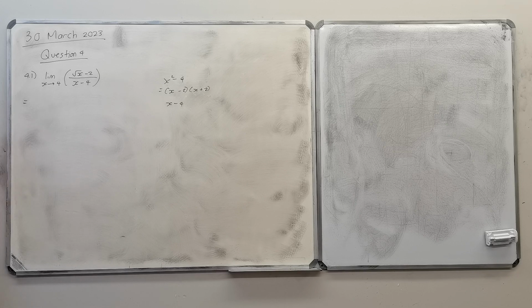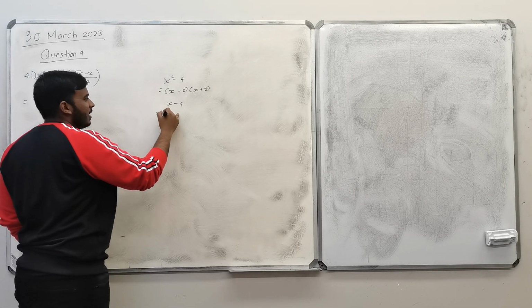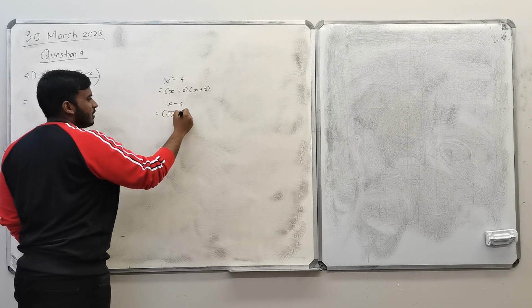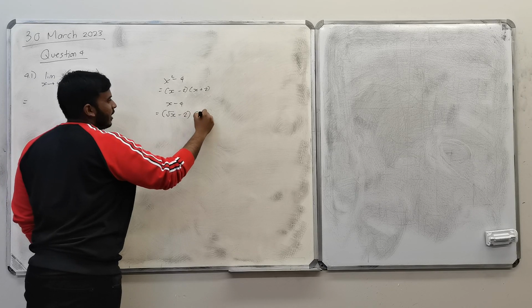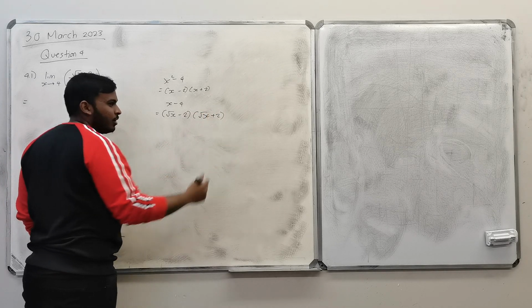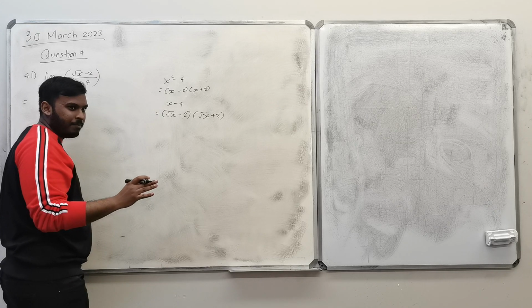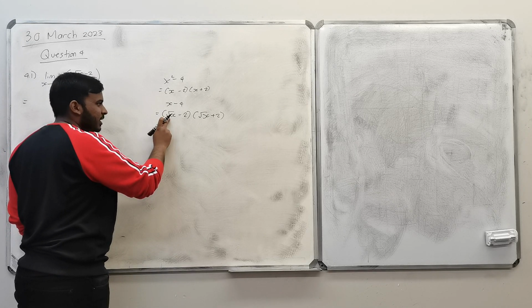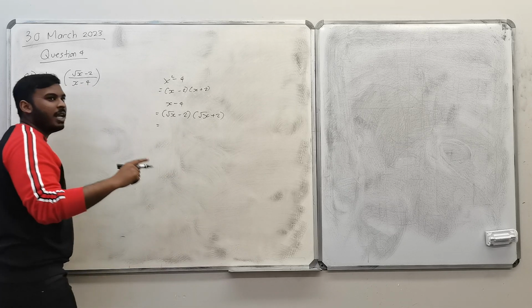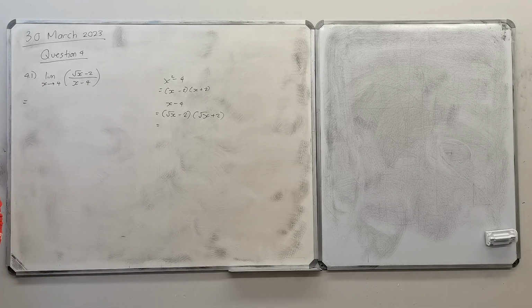This is something like a difference of two roots. So if I said root x minus 2 times root x plus 2, what is this going to give me? Remember, the surd times the surd is the same as x to the power half times x to the power half.